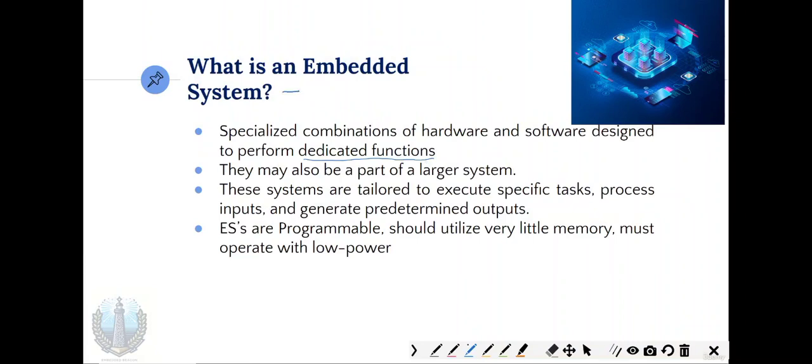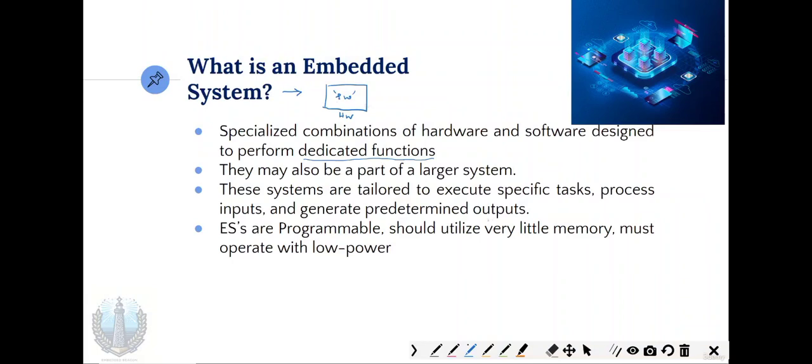So you can think like a computer which is made to perform only one task or a dedicated task. So it contains two pieces, hardware and a software that is running onto it. That is why it is called as embedded system. So there is a software that is embedded into the hardware, which makes it programmable as well as does some dedicated functions.